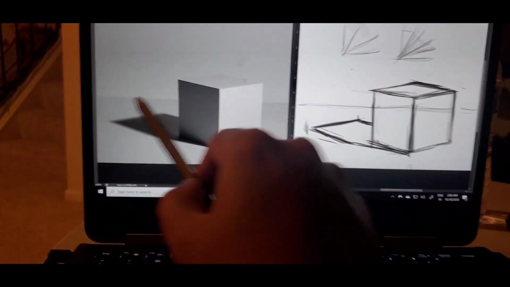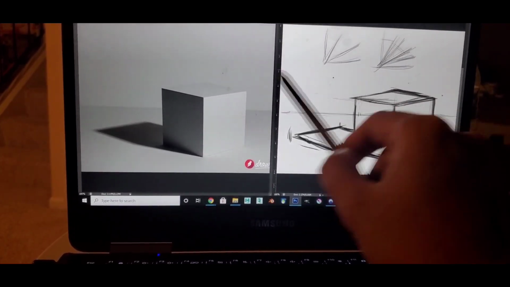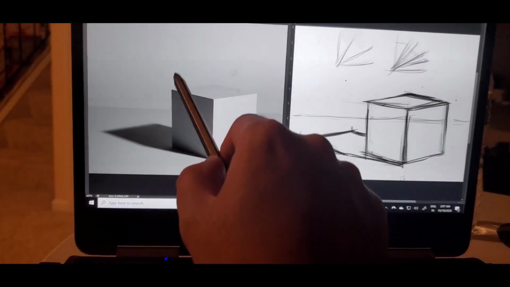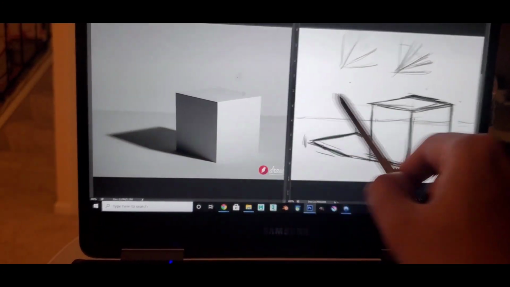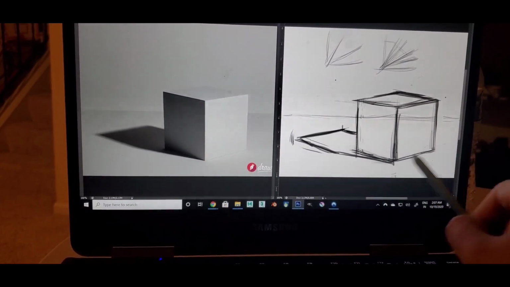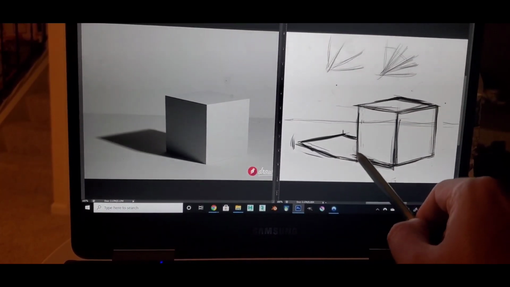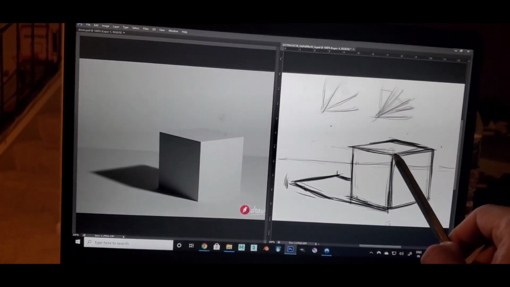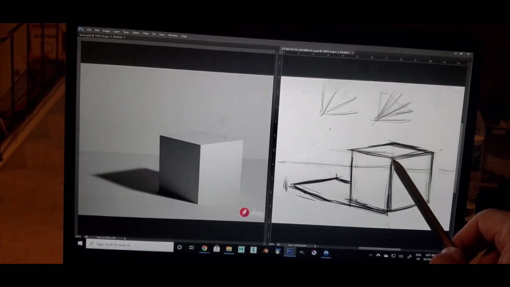Okay, so now check this negative space. Is this correct or not? See this, we got all this negative space fairly accurate. So the knowledge that we have used is we know the rules of perspective.